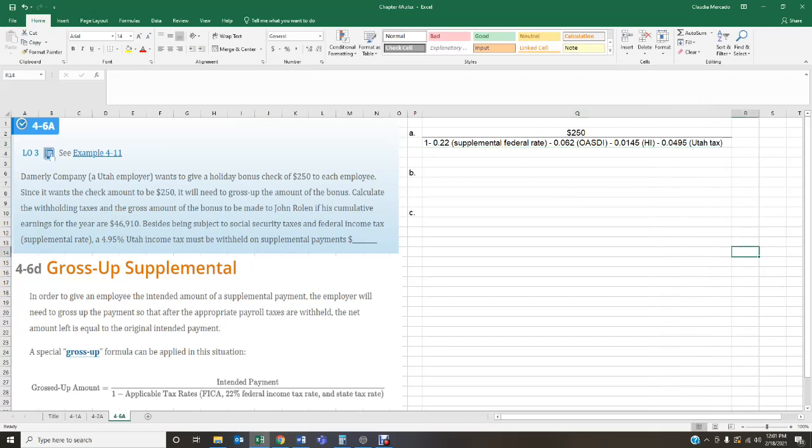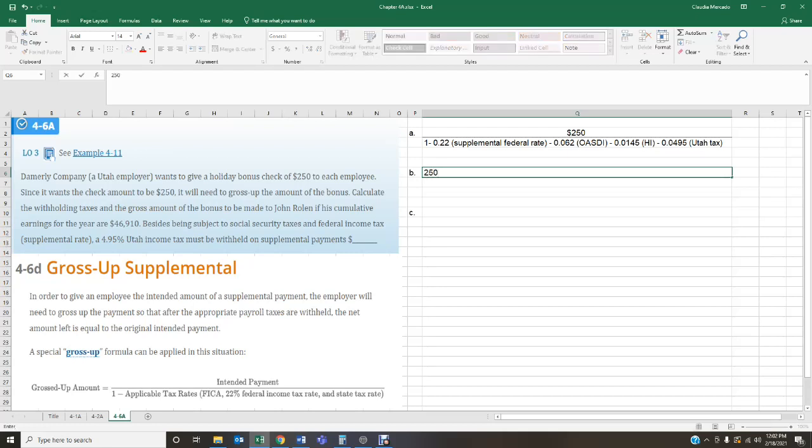My intended payment amount for that bonus is $250. I'm going to divide by 1 minus the 22% supplemental rate, minus the 6.2% OASDI rate, minus the 1.45% HI rate, minus the 4.95% Utah tax rate. So we're going to simplify the formula.